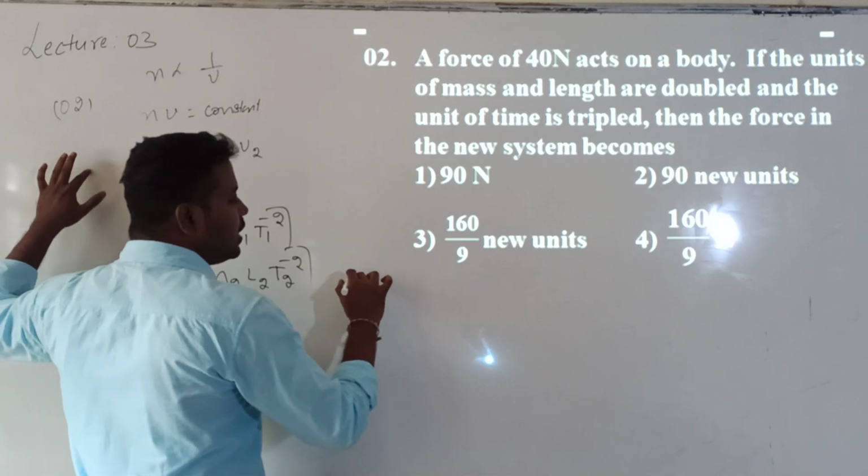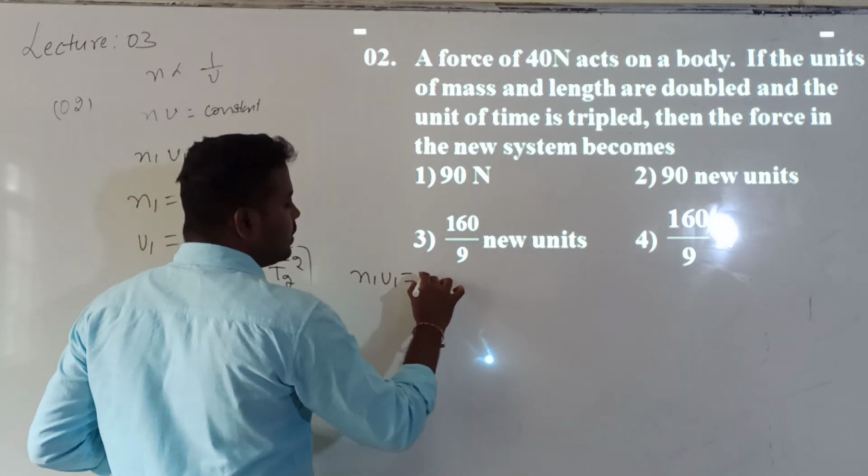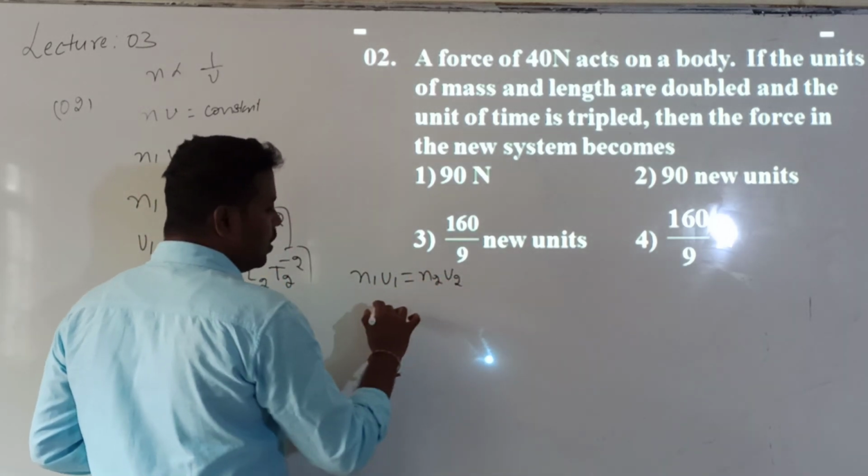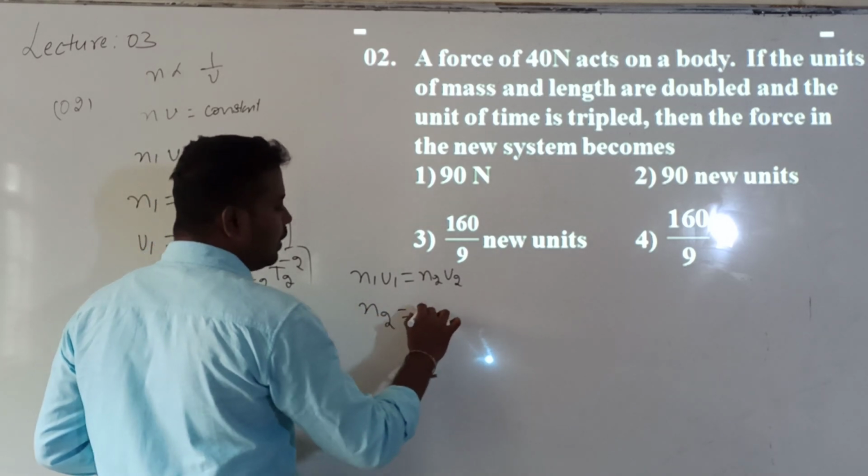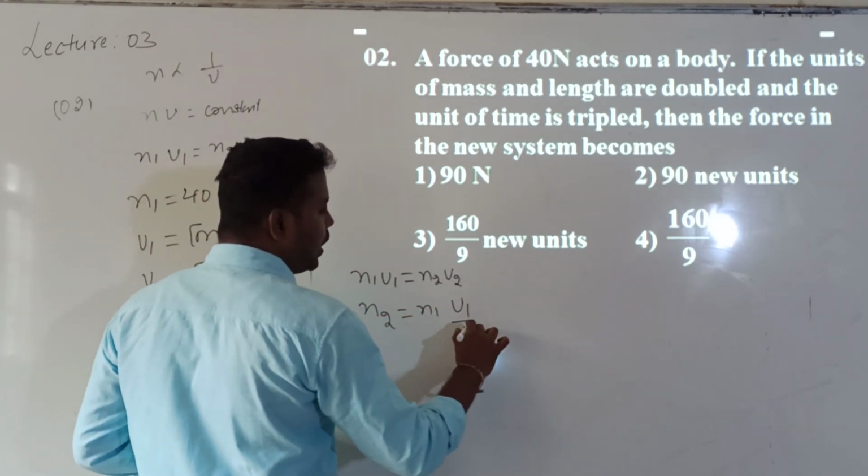According to that relation, n1 u1 is equal to n2 u2, so n2 is given by n1 into u1 by u2.